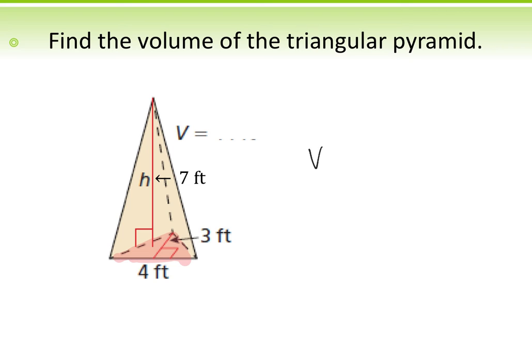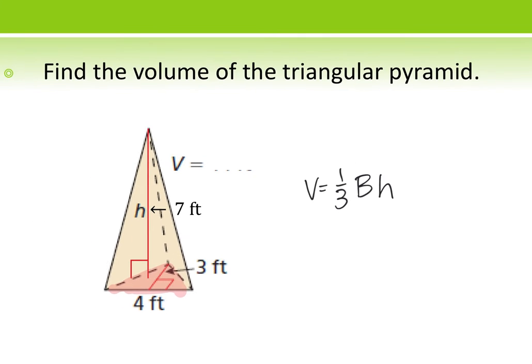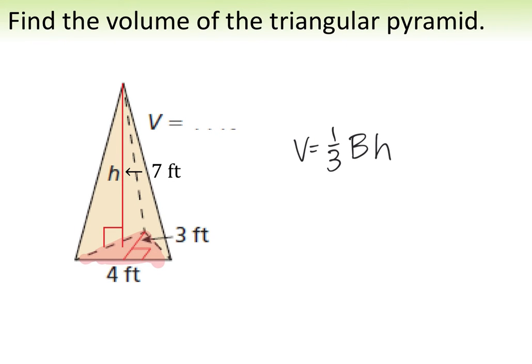So remember, volume equals, what's our formula? 1/3 capital B times height. All right, so in this one, what's the area of my base going to be? Very good, Jaden. It's going to be 4 times 3 divided by 2.